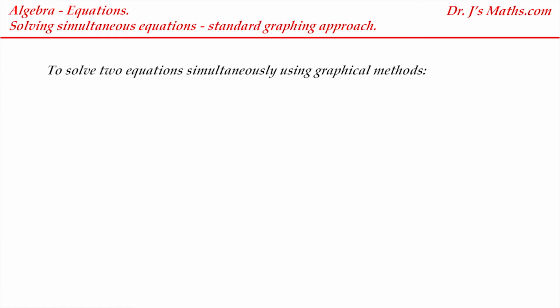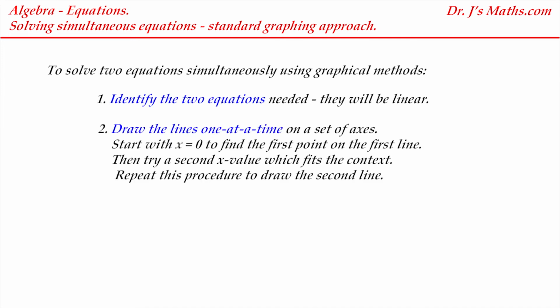So to recap on our methods for solving two equations simultaneously using graphical methods, first you have to identify the two equations that are needed. They will be linear. Sometimes you're given them, sometimes you're not. Second, draw the lines one at a time on a set of axes.